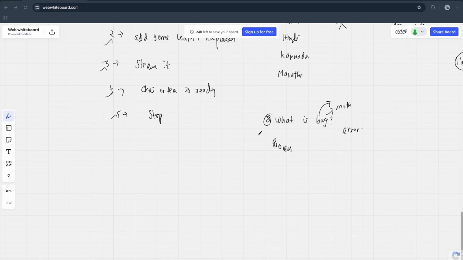So a bug is a factor in computer programming which prevents execution. And we have something called debugging, which means resolving the errors in a program. We are rectifying it, that is called debugging.